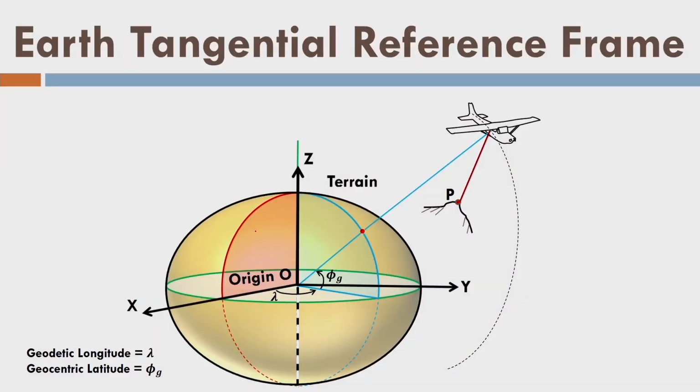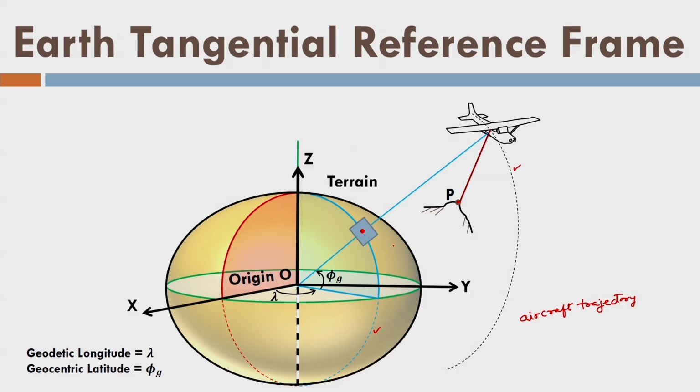So this is the earth tangential reference frame, where we are showing one aircraft that is following a trajectory like this. At this point where the aircraft is right now, we have fired a laser pulse towards the point P on the surface of the earth. This is the aircraft trajectory. This is the projection of this trajectory on the WGS-84 ellipsoid.